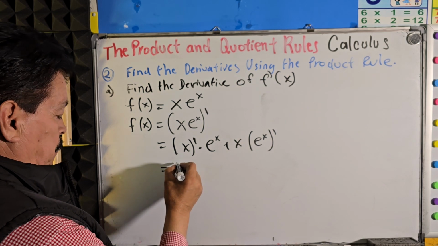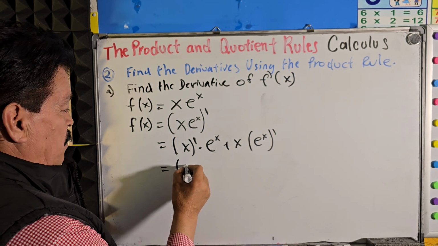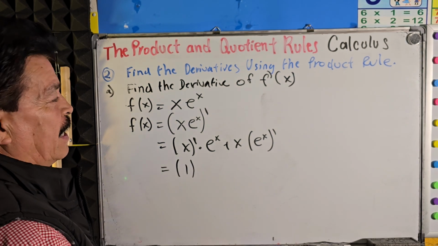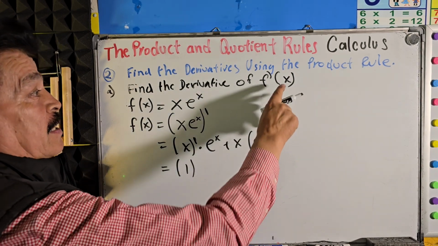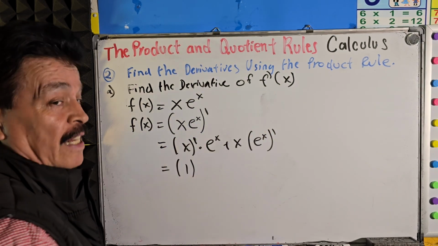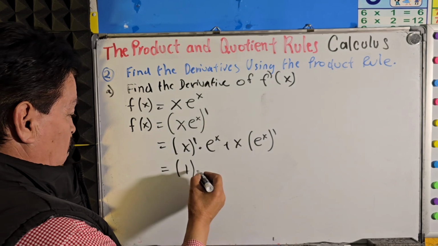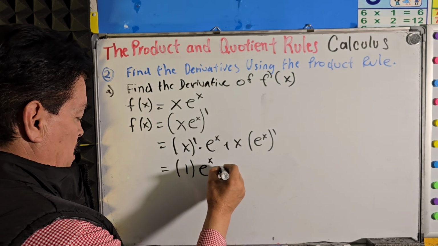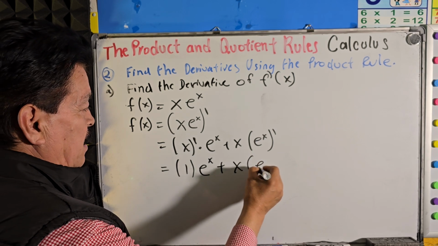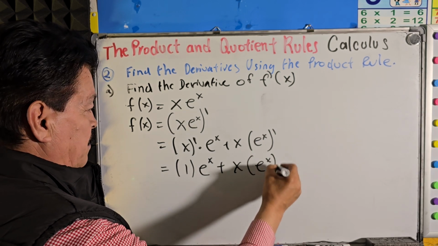So here the derivative of x is equal to 1. This prime means the derivative. So here, times e to the x power plus x times e to the x power.